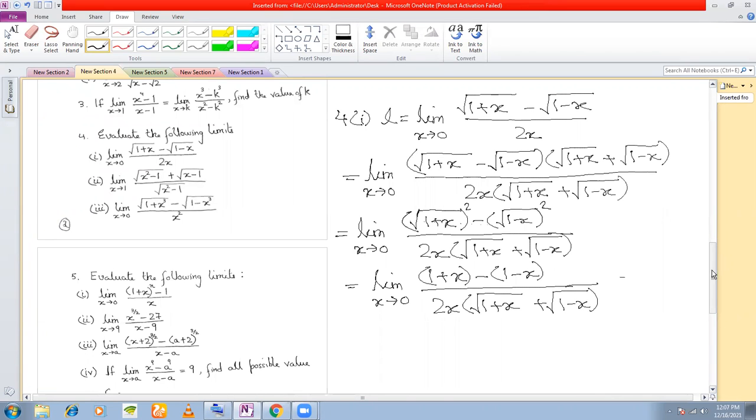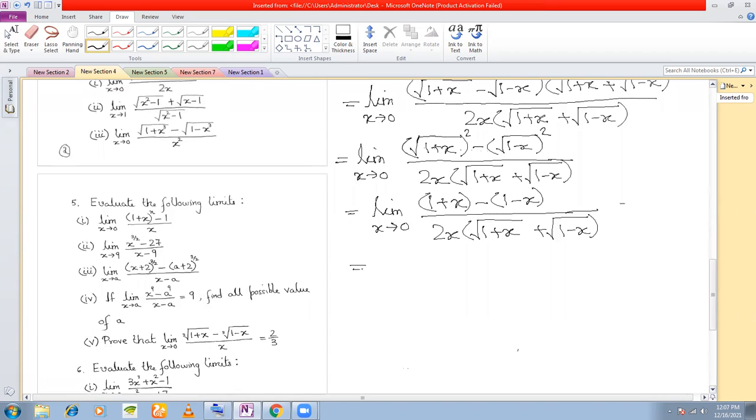Right? I still have x in the denominator. So what I do is I simplify the numerator. So I get 1 plus x minus 1 plus x divided by 2x root 1 plus x plus root 1 minus x. If you see plus 1 and minus 1 is going to cancel from the numerator.